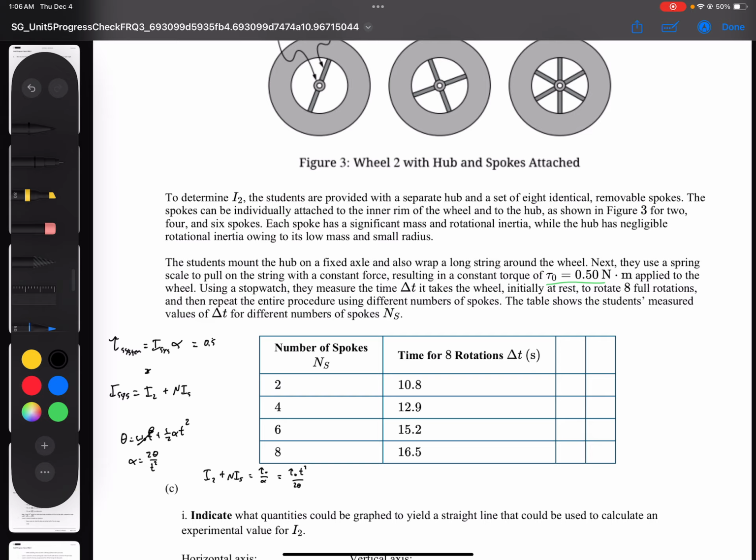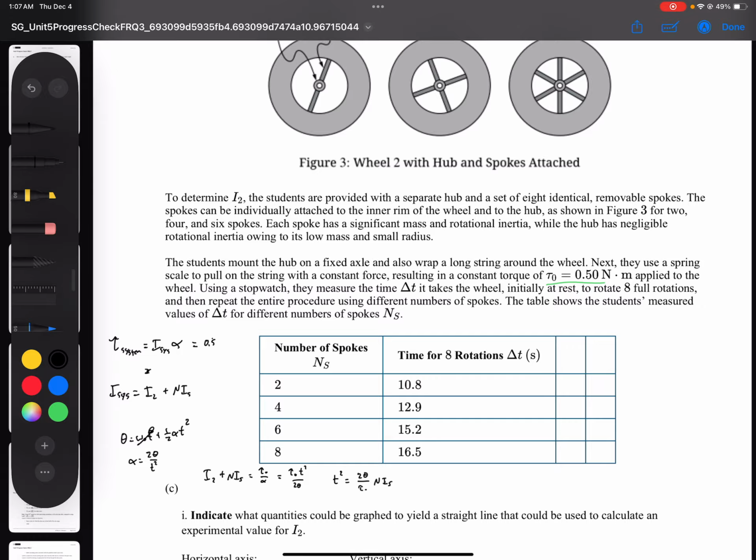And basically what I'm going to want to do is figure out that the slope is some constant value. So I'll rewrite this as t squared is equal to 2 theta over tau naught times n, the number of spokes, over the moment of inertia of each spoke.